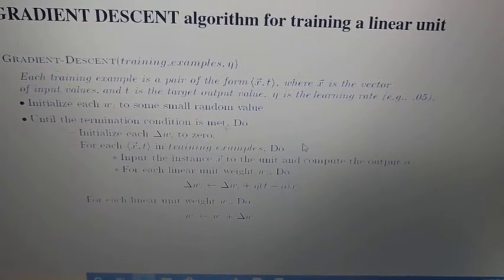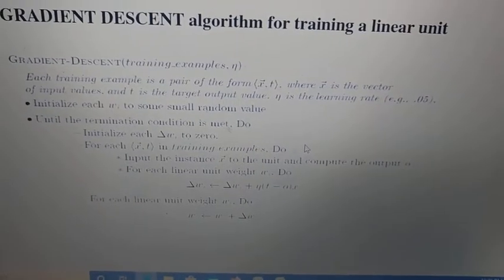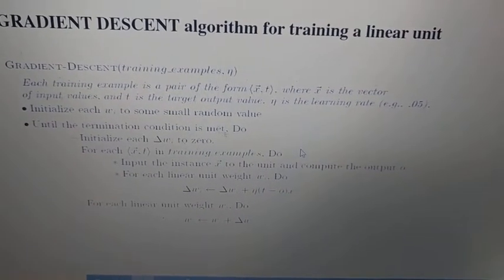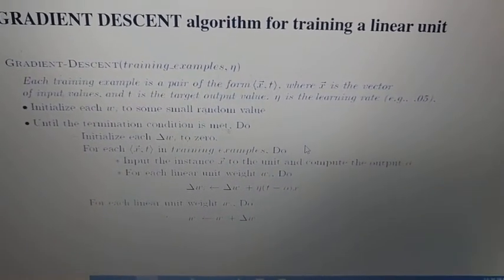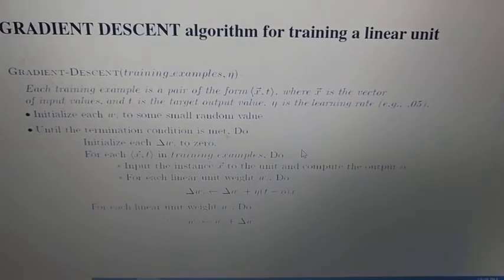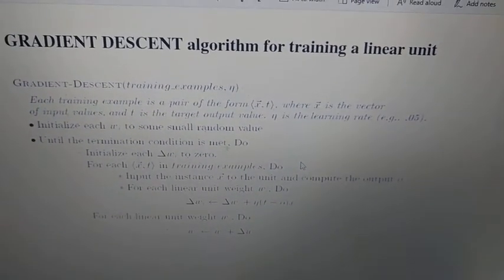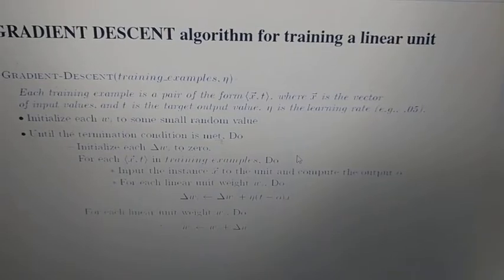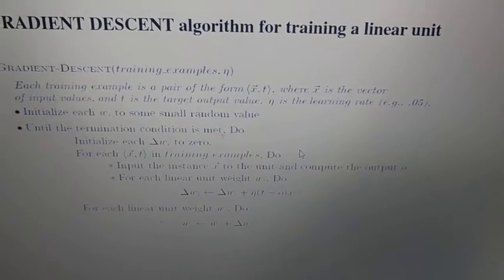is a step change value. We know that wi is equal to wi plus delta wi, where wi is the old value and delta wi is the step change value.